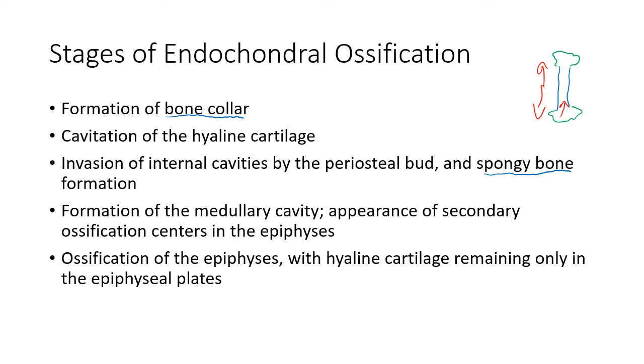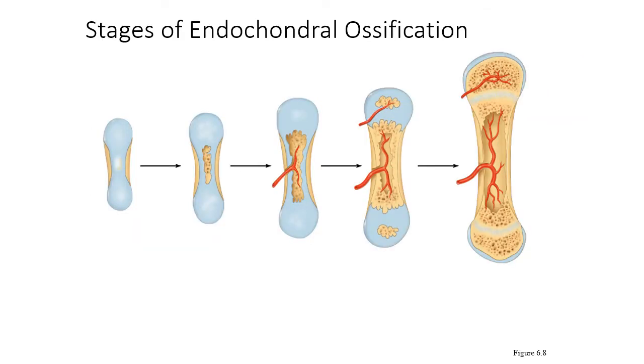They eventually are going to meet together, and that's going to leave us our growth plate. We're going to have that growth plate in between the two portions, the diaphysis and the epiphysis that are there.